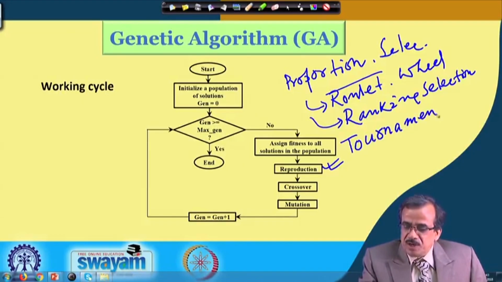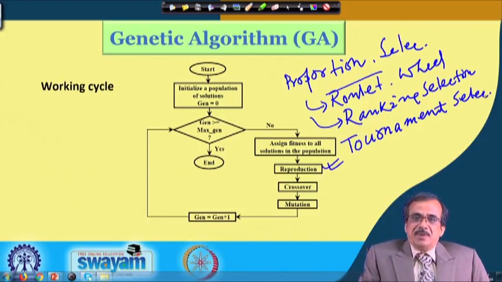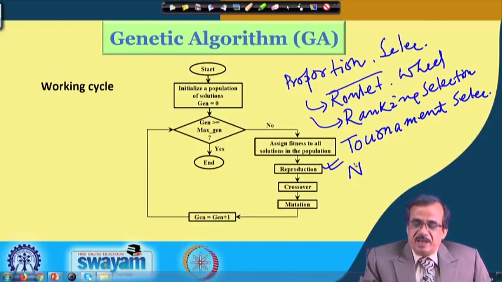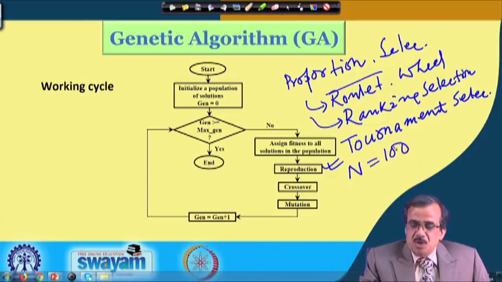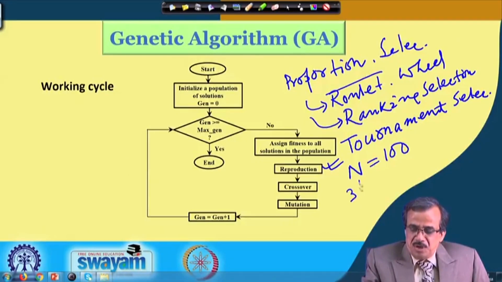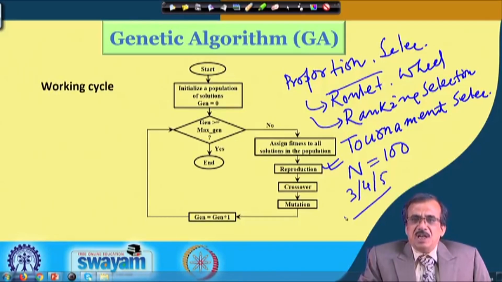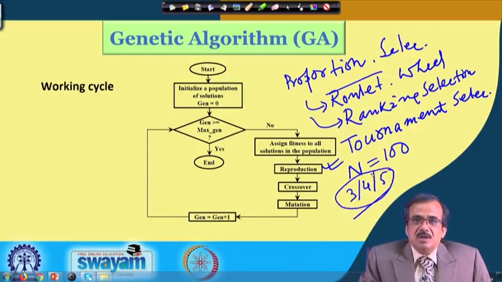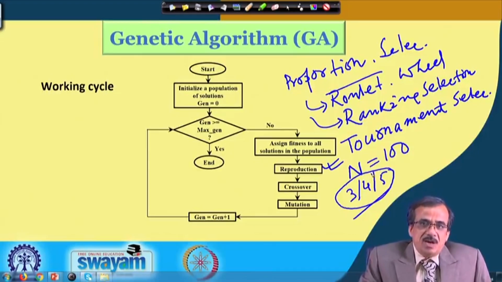Now, in tournament selection, we choose a tournament size. If the population size, denoted by capital N, is 100, the tournament size we select might be 3, 4 or 5, generally not more than 5. Depending on this tournament size, we select a few solutions at random from the initial population and compare them in terms of their fitness values.